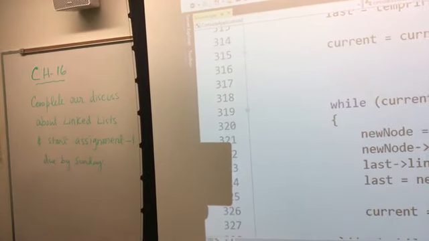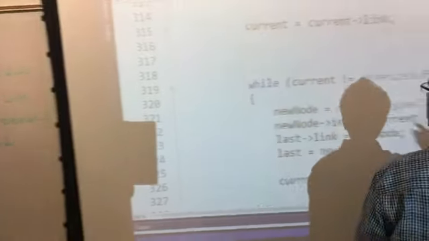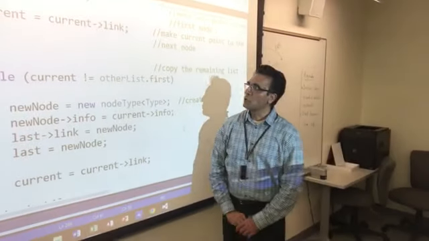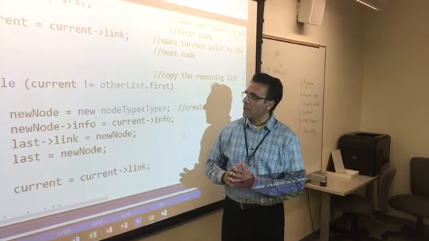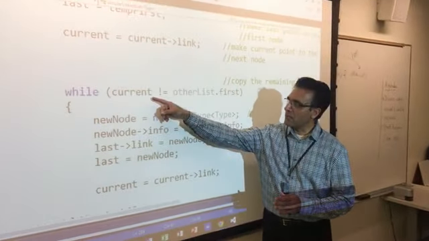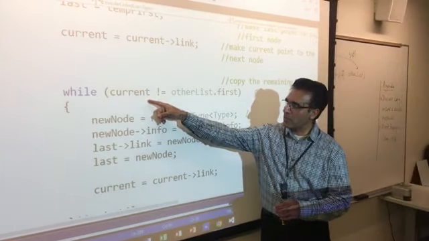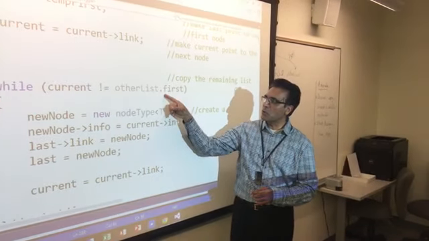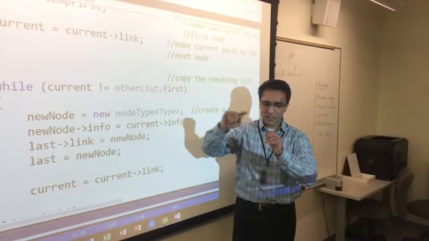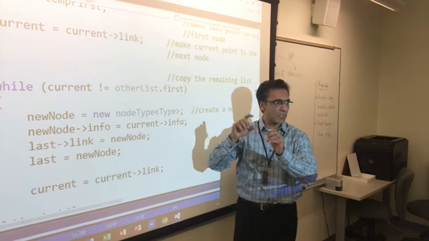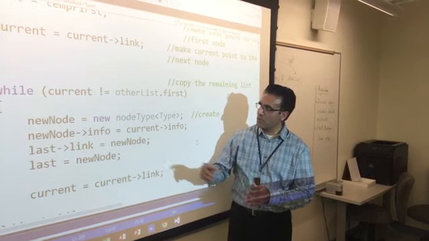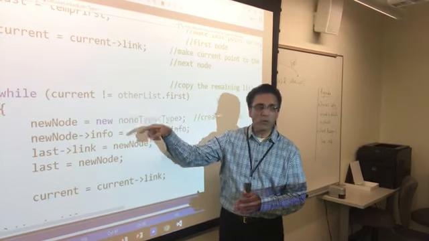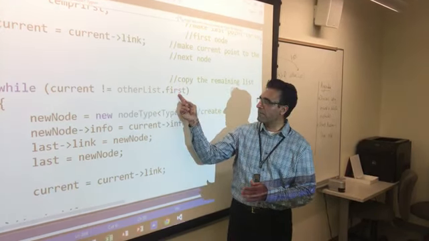All right, so in the next couple of steps, what we do here is we move our current to the current link. So we are moving current to the next node, and then we are checking if my local current is not equal to first, which means it has not gone through the entire cycle, which means the other list has not ended. If that's the case, I'm going to stay in this loop until I find the first one.